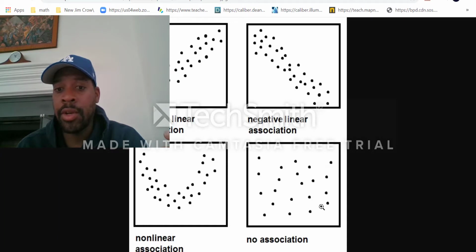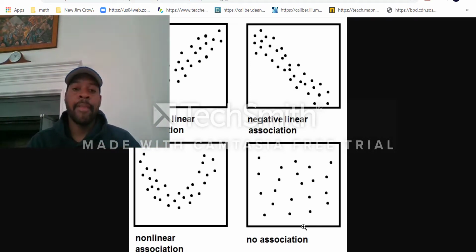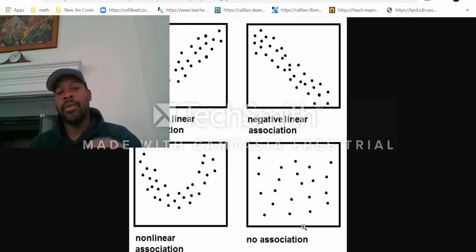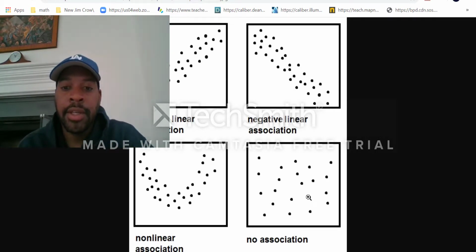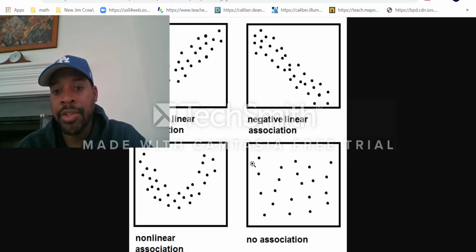Your points are all over the place, so you can have a negative slope, you can have a positive slope, it's all scattered, right? So there's no association. You can't say that these points are going negative or these points are going positive. I believe a student asked that question. Because you can have both here, you can't just associate it with one or the other.